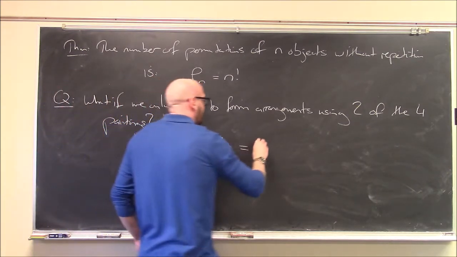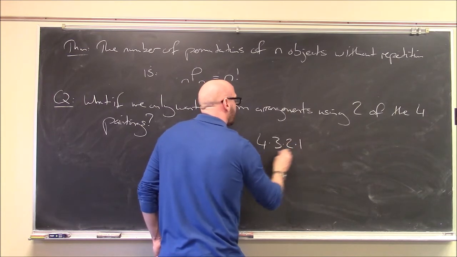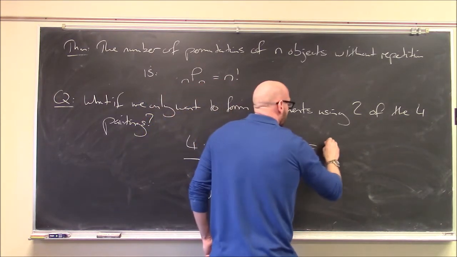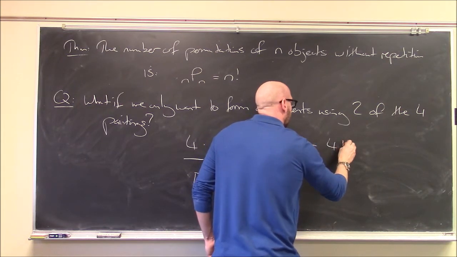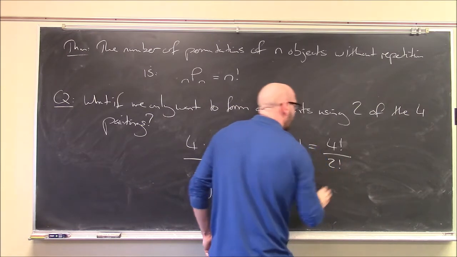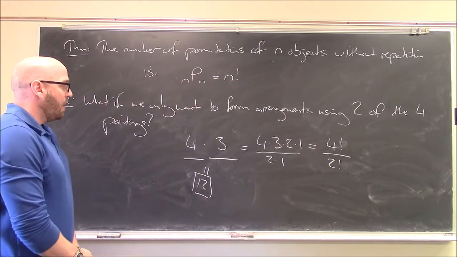But I'm going to write this as 4 times 3 times 2 times 1 divided by 2 times 1, so they cancel, or 4 factorial over 2 factorial. Why am I doing this?